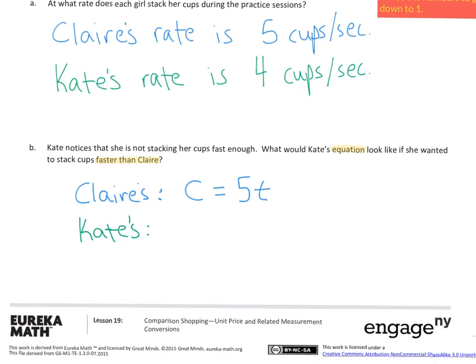Now, Kate's was already given to us earlier in the problem, but it was 4T. Let's look for a second and see the relationship between the equation and the rates. Look at the green equation, look at the green rate. Look at the blue equation, look at the blue rate. What do you notice?